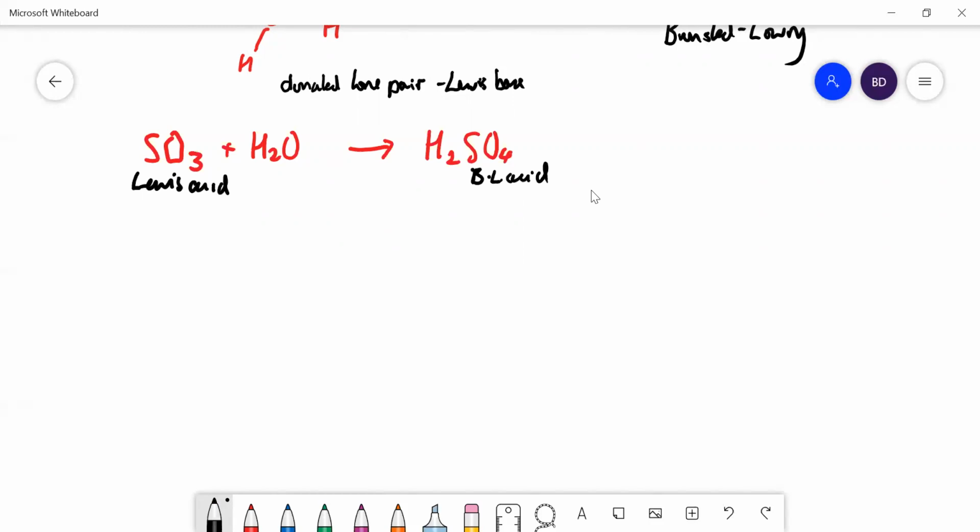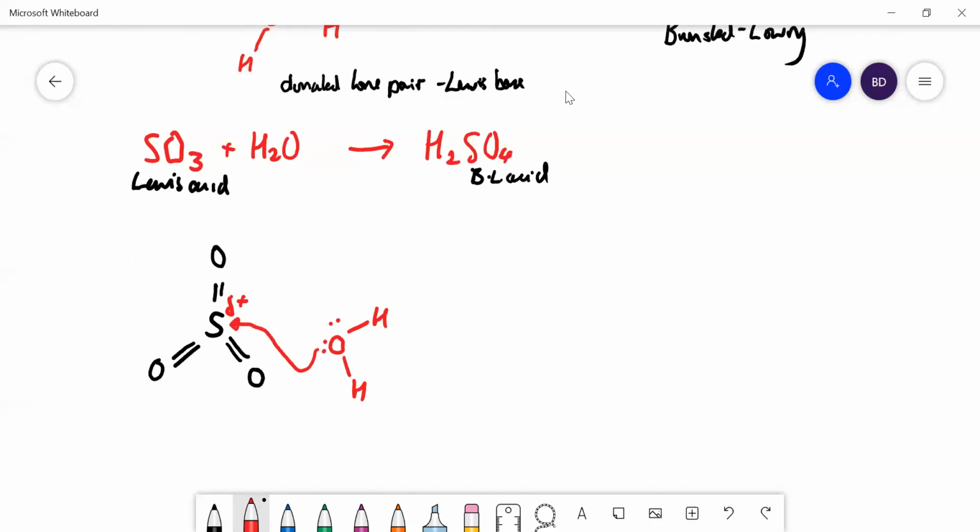So if I draw my sulfur trioxide here, that sulfur is going to be pretty delta positive, with a partial charge on it, because it's connected to 3 electronegative oxygen atoms. If you add that to water, a very similar situation happens as with carbon dioxide. The lone pair on the water is going to go there. So the water is donating a lone pair, acting as a Lewis base, and the sulfur trioxide is acting as the Lewis acid.